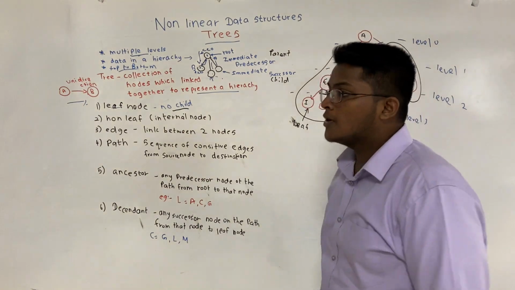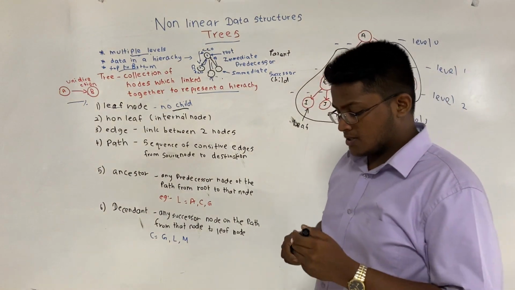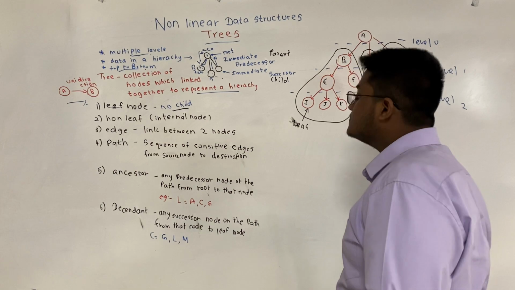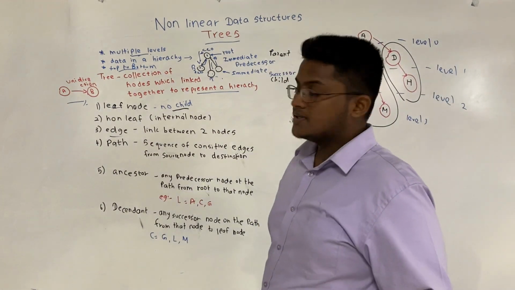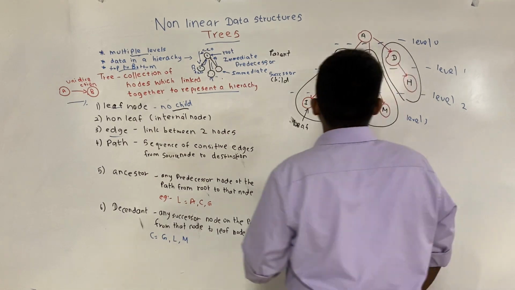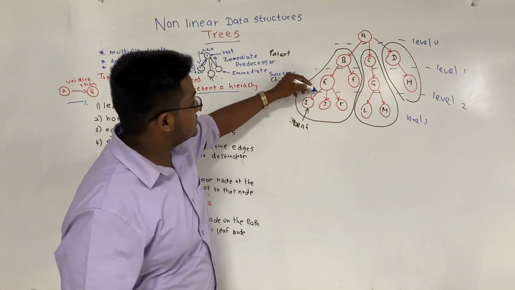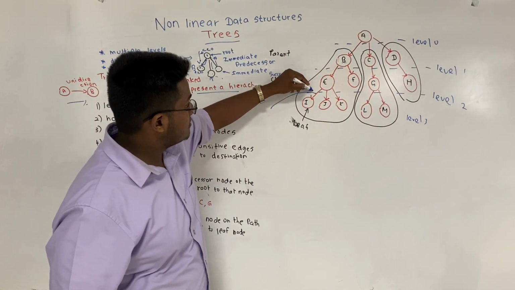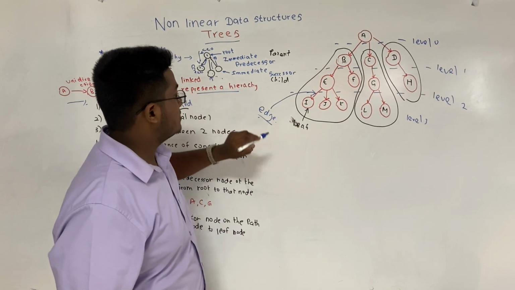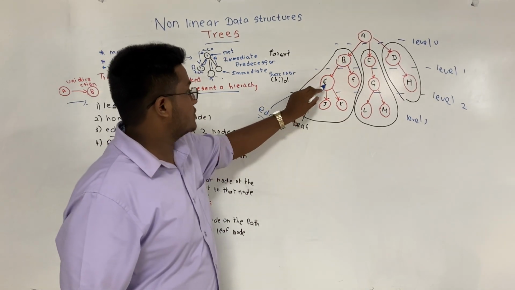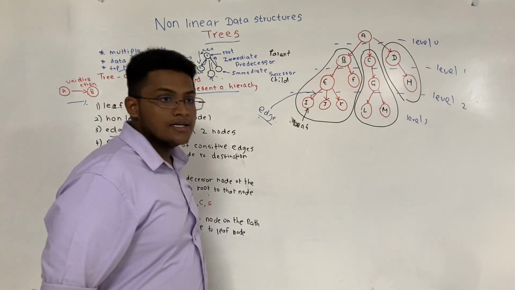Then we will move on to the edge. What is meant by an edge? An edge means the link between two nodes. This is an edge. There are two nodes and this is the link. That is what is meant by an edge.